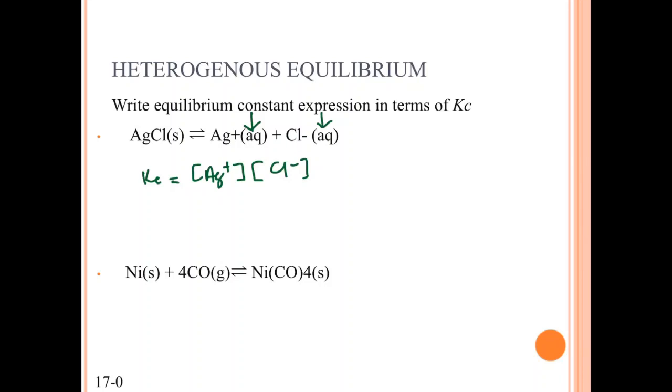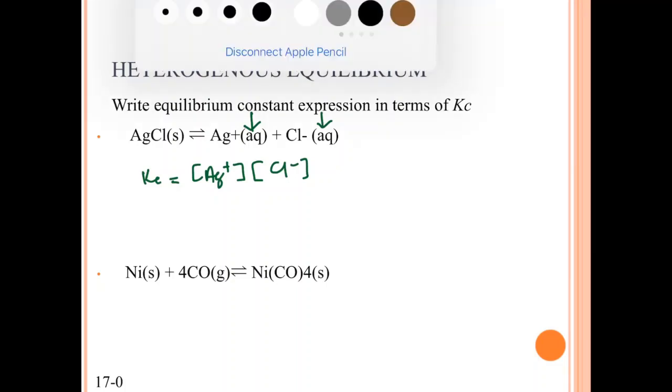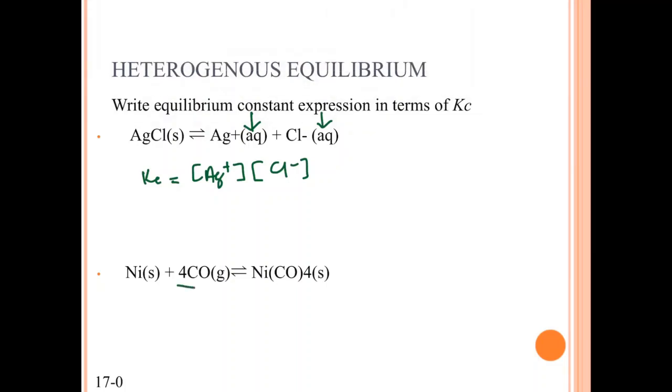And for this one, this is also a heterogeneous system. We have a mixture of solid and also gases, and this is solid. So we will just include carbon monoxide in our Kc expression. So Kc is equal to 1 over the concentration of CO to the power of 4.